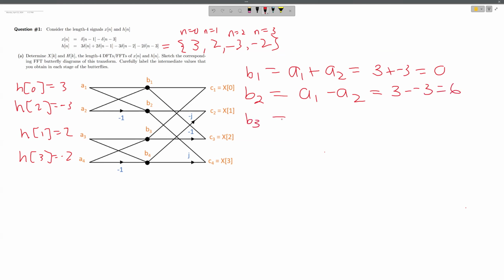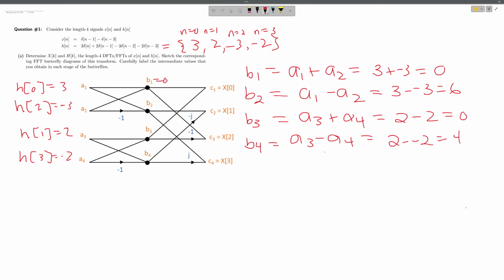Next, B3 gets contributions from A3 and A4, so A3 plus A4 is 2 plus -2, which equals 0. And B4 equals A3 minus A4, which is 2 minus -2 equals 4. So currently this equals 0, 6, 0, and 4.